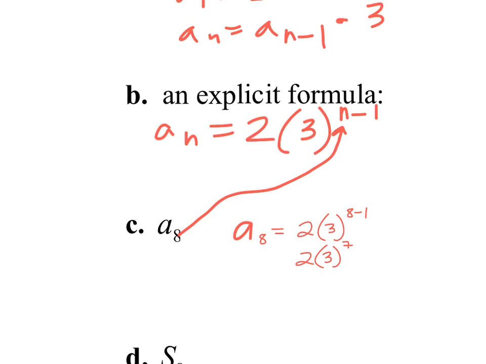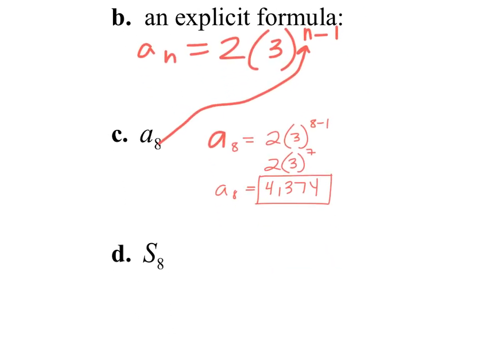That is 3 to the 7th power times 2. Make sure you're not putting parentheses around the whole thing, okay? But if you just plug that in exactly how you see it, you would get that a sub 8, your 8th term, is 4,374.